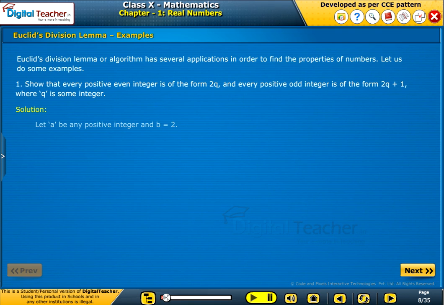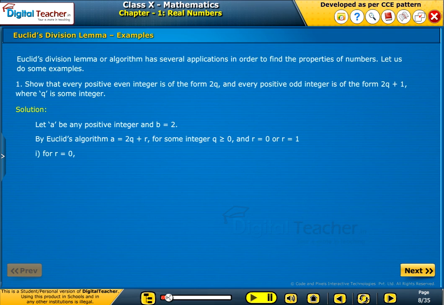Solution. Let a be any positive integer and b equal to 2. By Euclid's algorithm, a is equal to 2q plus r for some integer q greater than or equal to 0, and r equal to 0 or r equal to 1. 1.